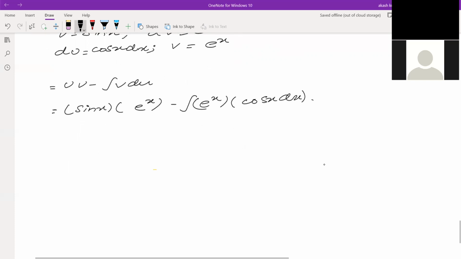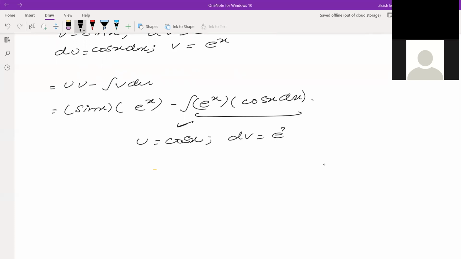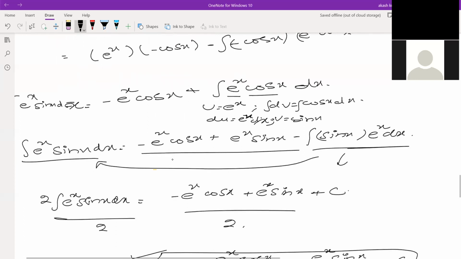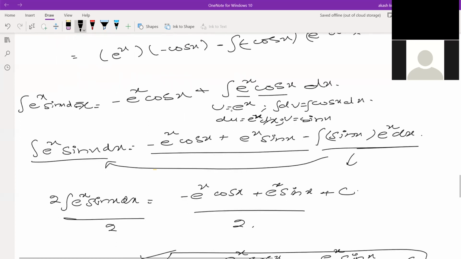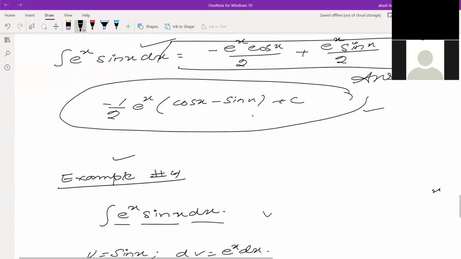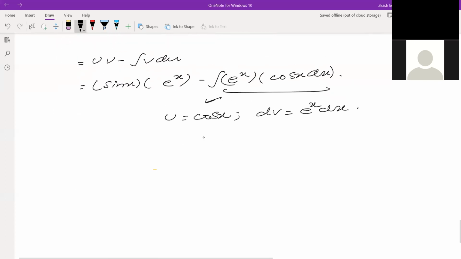Yes. Okay. Again, we have two functions now, so we have to apply integration by parts here. My u is cos x and my dv is e^x dx. Doesn't matter, right, even if we take the opposite? Yeah, because the first time when I was integrating it again, I chose u as e^x. This time I want to do the opposite, u as cos x.